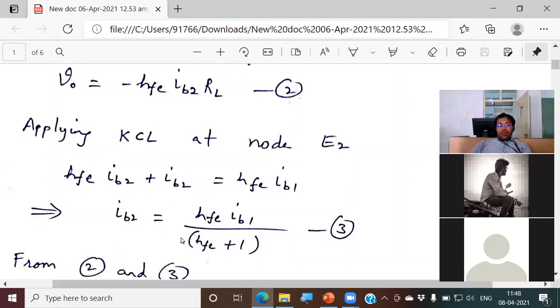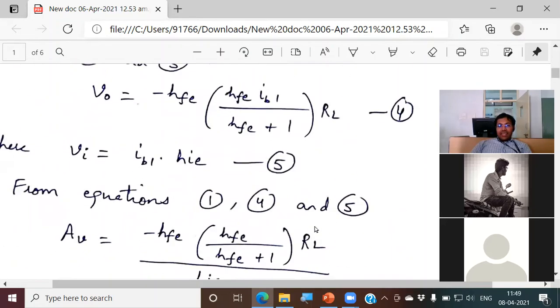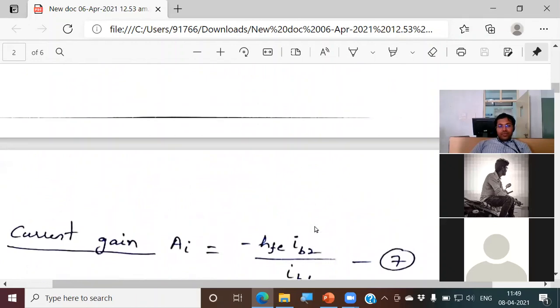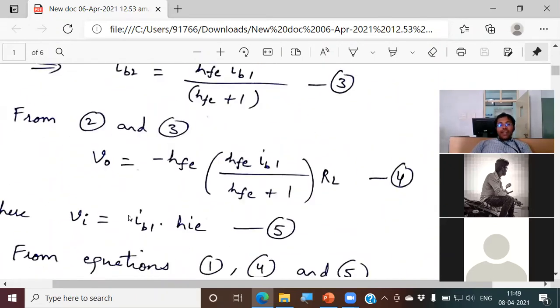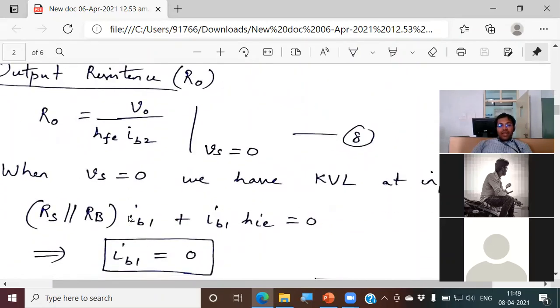IB2 I will take common. I will cross multiply: HFE IB1 by HFE plus 1. Similar derivation to what we did in yesterday's class, so I won't redo it, I will directly take equation number 3. So I got IB2. Why do I need IB2?